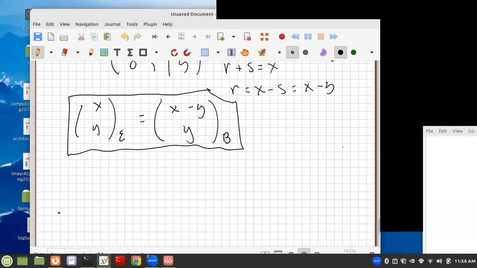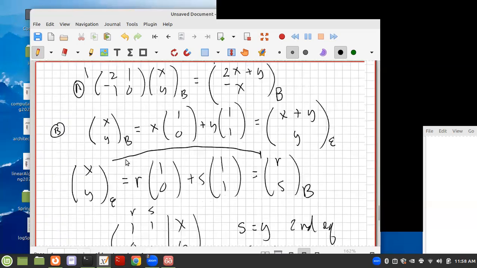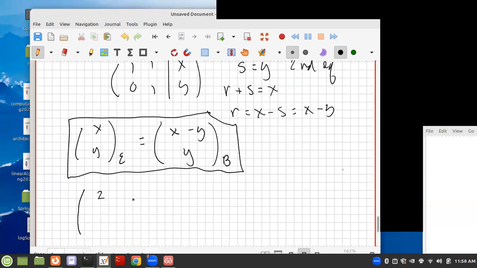So in particular, we can do this one. We can take [2, 1; -1, 0] times (x - y, y), because this is taking us from B. We know the matrix is B to B, so we took the vector in the standard basis and put it in the form the matrix could act on.